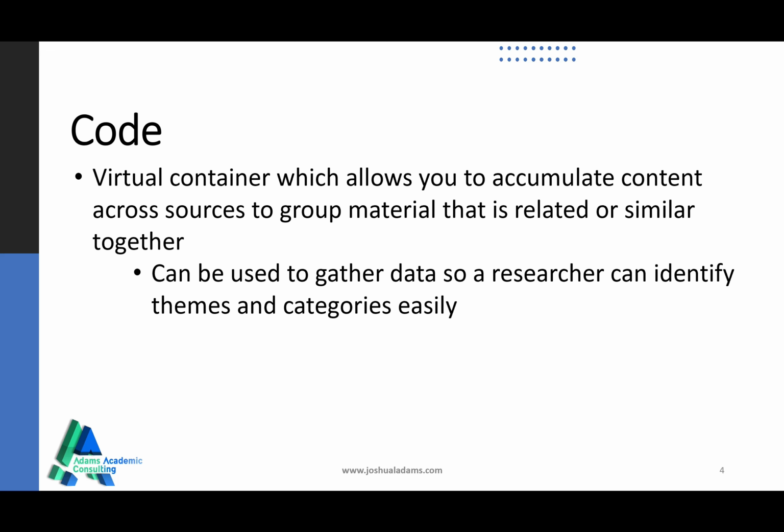A code is a virtual container which allows you to accumulate content across sources to group material together that is related or similar. Coding can be used to gather data so the researcher can identify themes and categories more easily.